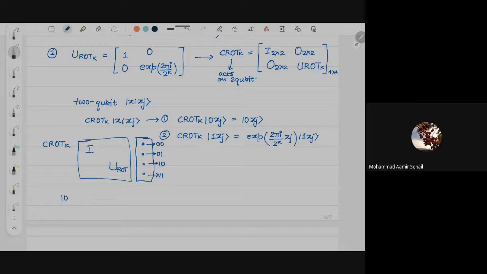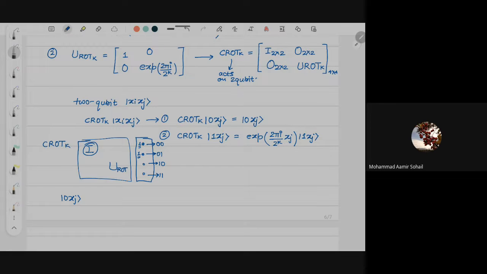So if we have any 0 xj state, we will have either one here or one here. So the I will act on that, there will be no action of the U rotation, so we will just simply get 0 xj. So this one is like 0, 0 or 0, 1. So this is clear from here.